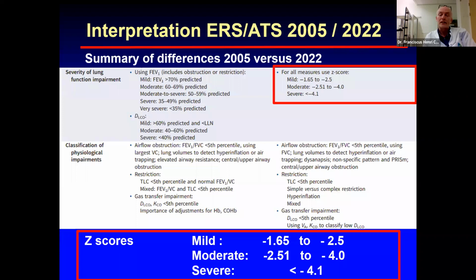This is now based on Z-scores, and you can see it in the red angle on top, but also in the bottom side, a bit enlarged, that we say something is mildly impaired if the Z-score is between minus 1.65 and 2.5, moderately impaired if it's 2.5 to 4.0, and severely impaired if it's more than 4.1 lower than the mean. So more than 4 standard deviations lower than what it should be.